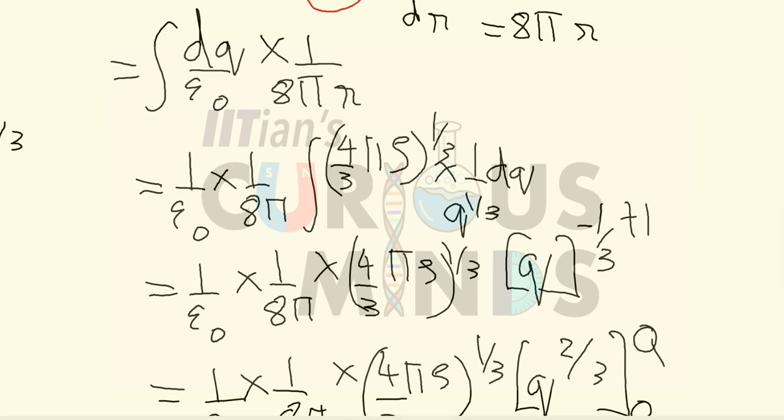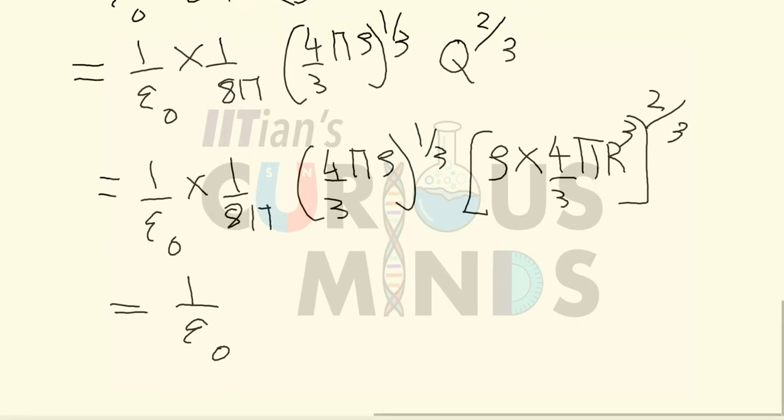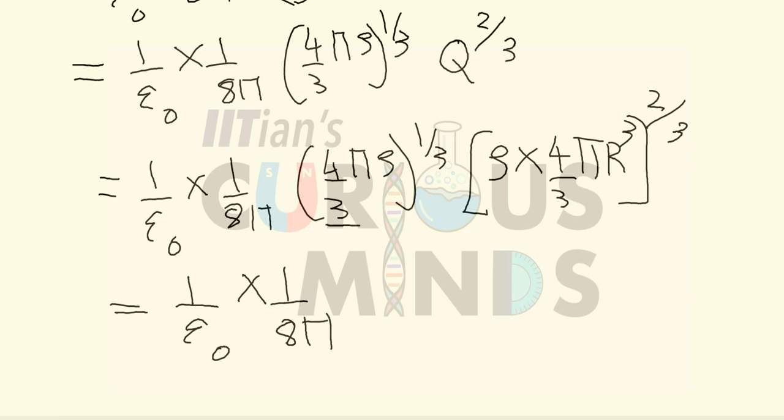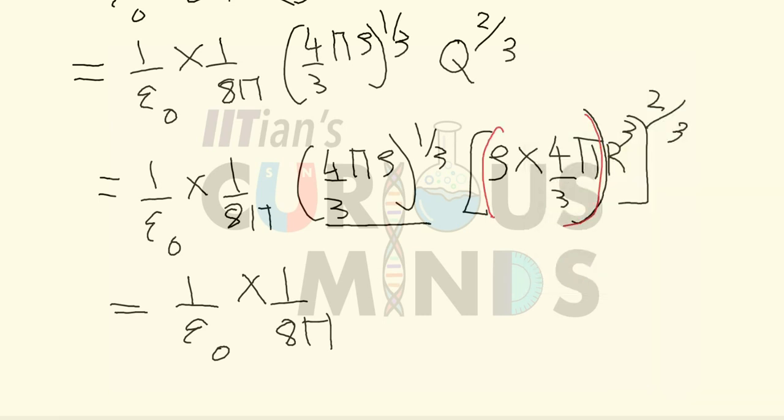So the last part will be 1 by epsilon naught into 1 by 8 pi into 4 by 3 pi rho raised to 1 by 3, into rho into 4 by 3 pi raised to 2 by 3, which is basically 4 by 3 into pi into rho, and r cube raised to 2 by 3 is equal to r square.